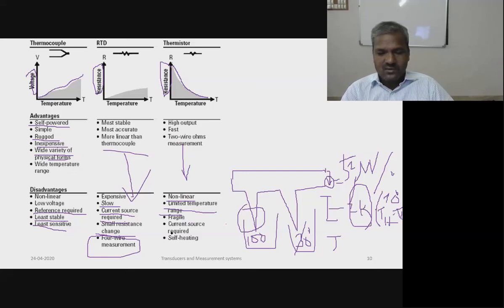Here also a current source is required, so self-heating occurs here too. I missed this: self-heating error, the I squared R loss, is a disadvantage in the RTD also. Here also self-heating error is occurring.